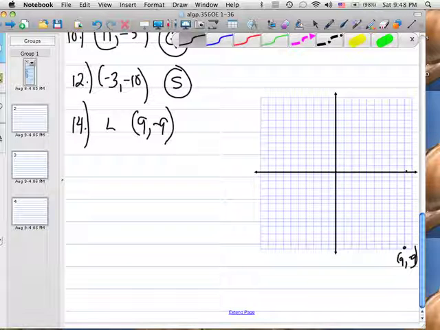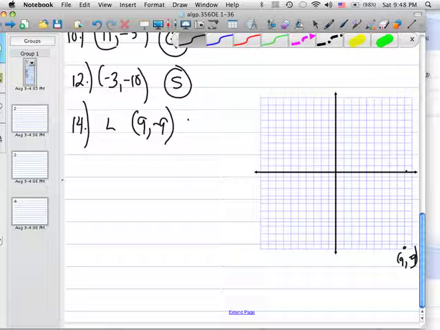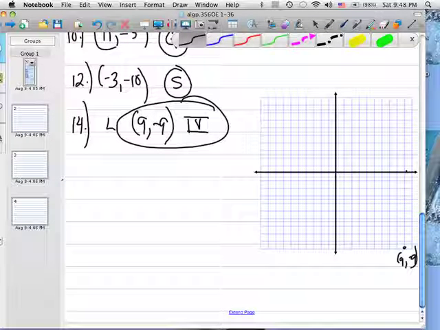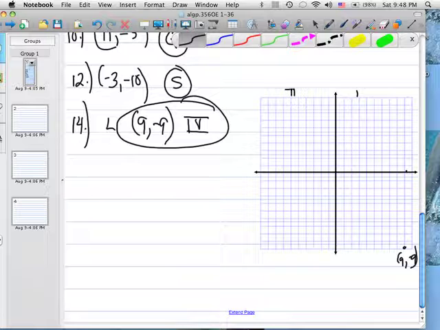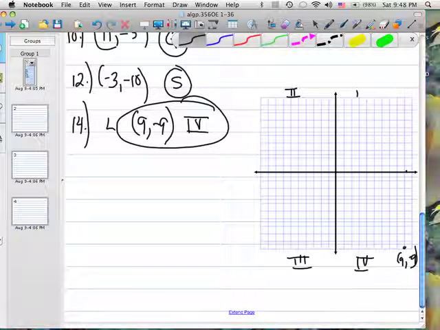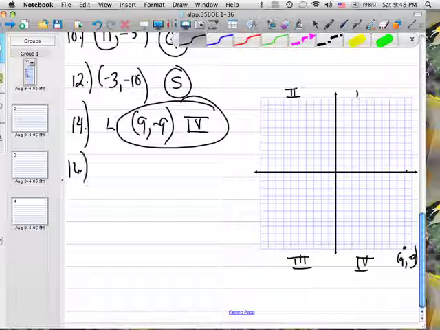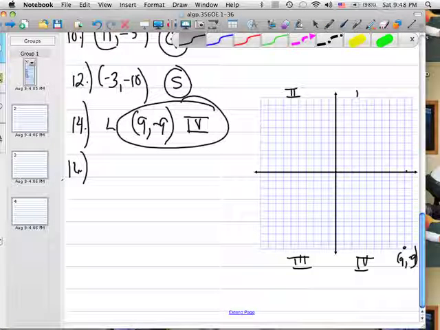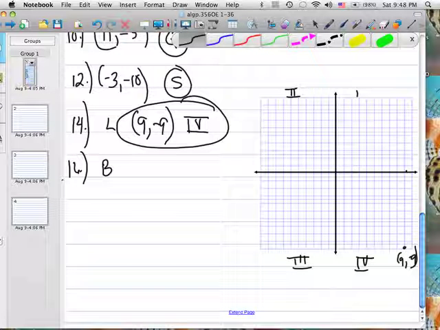And they want what quadrant it's in. It would be in the 4th quadrant. Remember, they go 1, 2, 3, and 4. And 16 is point B, and B is, find it up in your book.